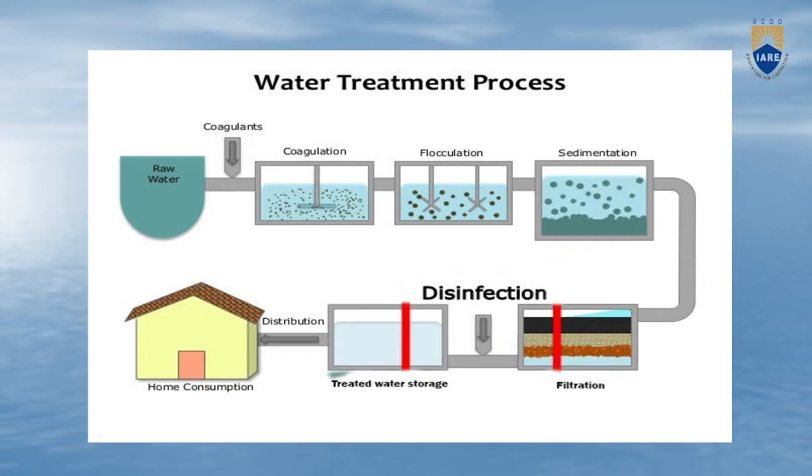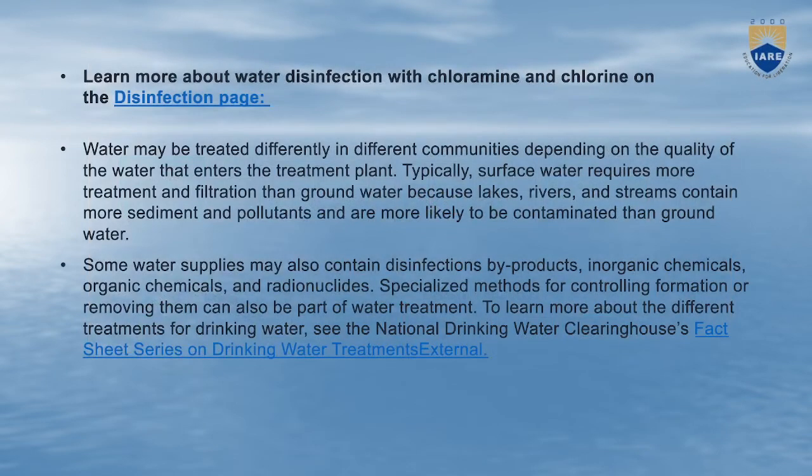After filtering the water, we can disinfect the bacteria and the viruses. Hence, after disinfecting the water, we can use the water for home consumption. Learn more about water disinfection with chloramine and chlorine on the disinfection page.